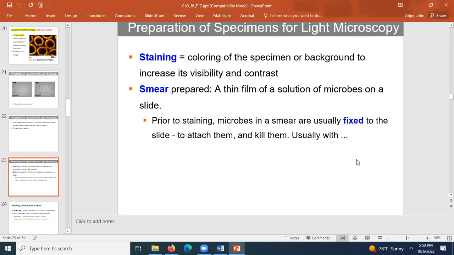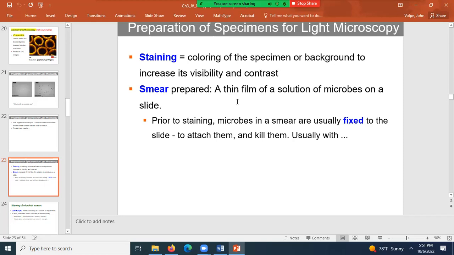If you have too many cells on top of each other, you don't have a good bacterial smear, and it will be more difficult to get good resolution and be able to see your cells. Any question about making a bacterial smear?